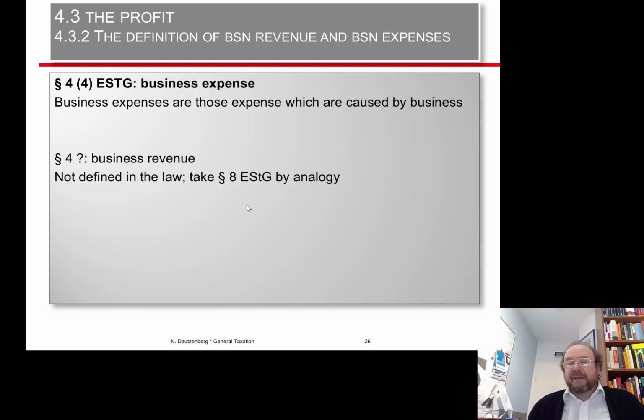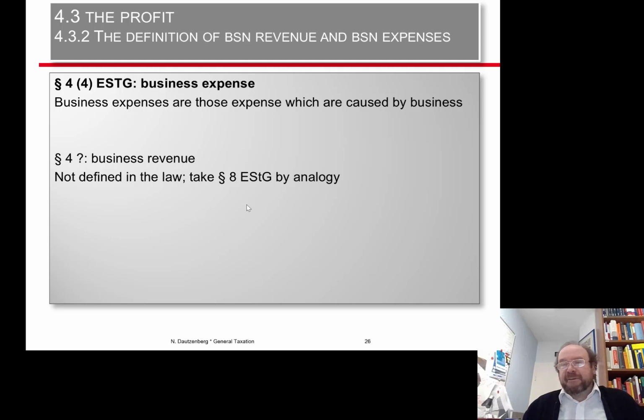So you would in the business area not refer to sections 8 and 9, revenue and income related expense. You would here take refuge to section 4, paragraph 4, business expense. There the definition is business expenses are those expenses which are caused by business. So caused by is the important term.